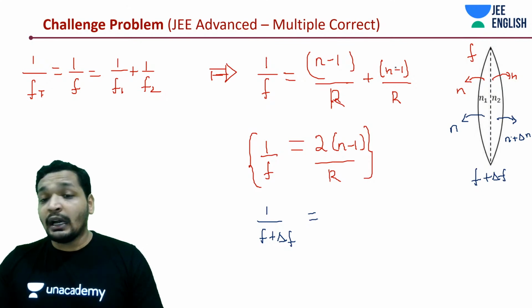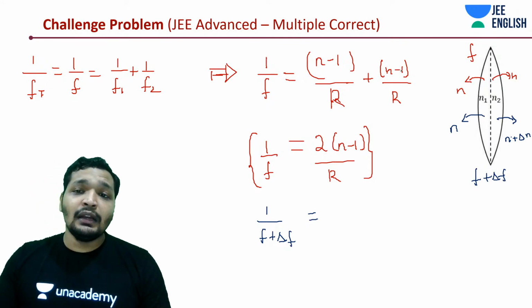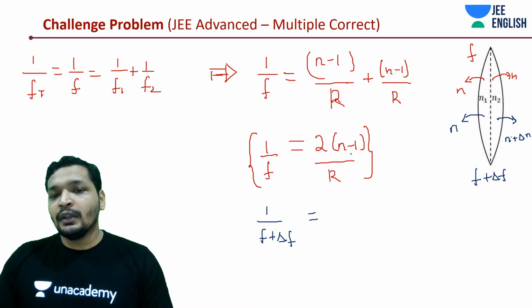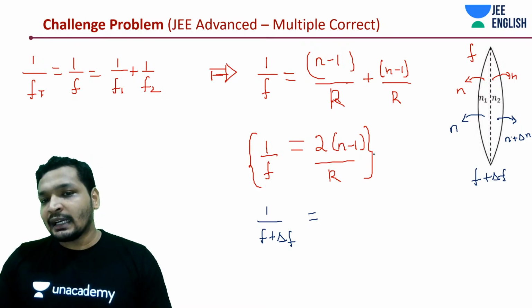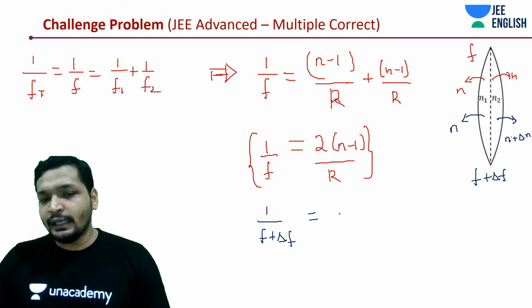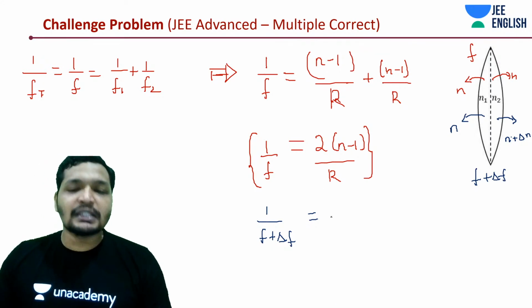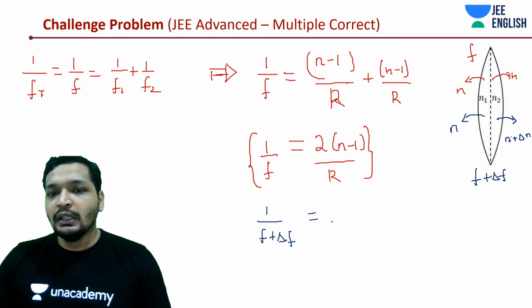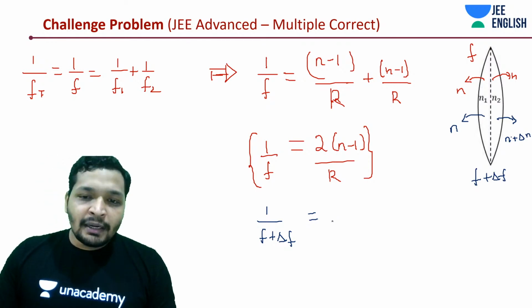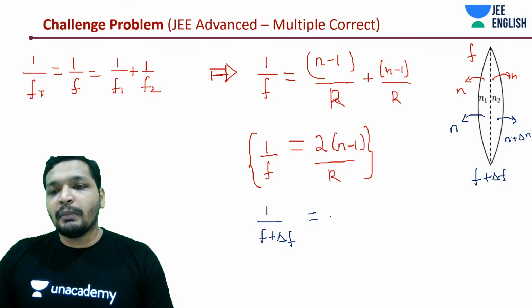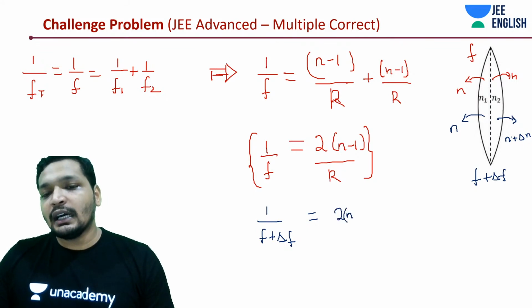This would become n plus delta n minus 1 by r. So you would have to basically add a delta n to this. Right? You can calculate it. N minus 1 by r plus n plus delta n minus 1 by r. R would be common. N minus 1 would also be there twice, but rather you would get an extra delta n.